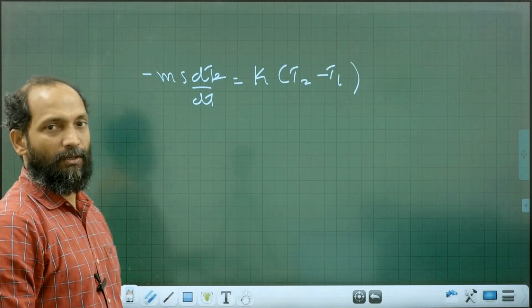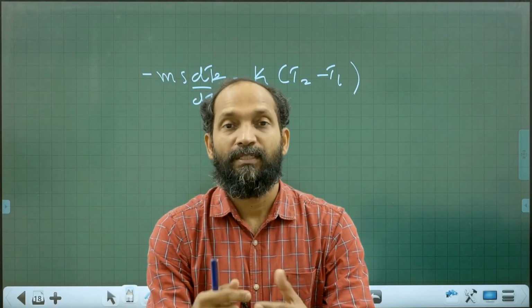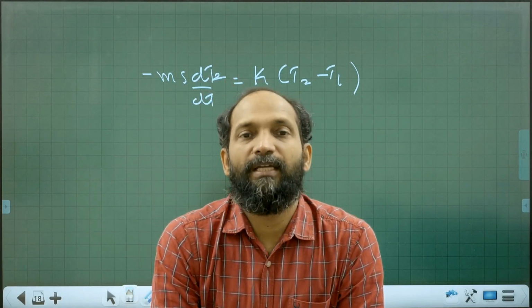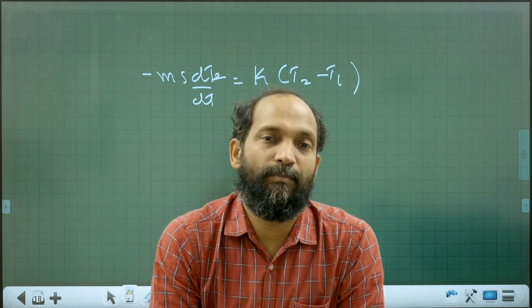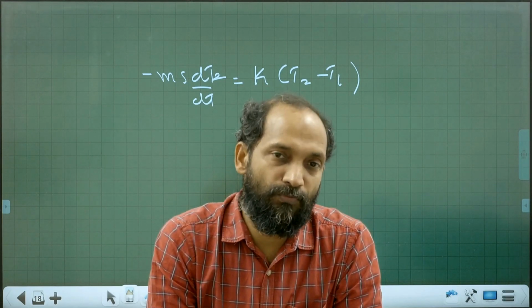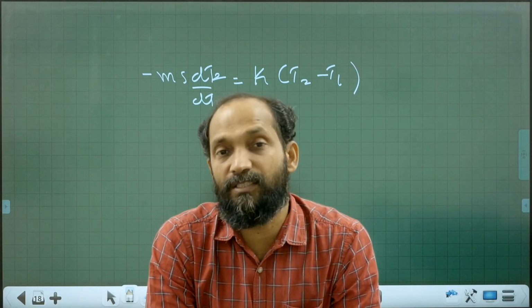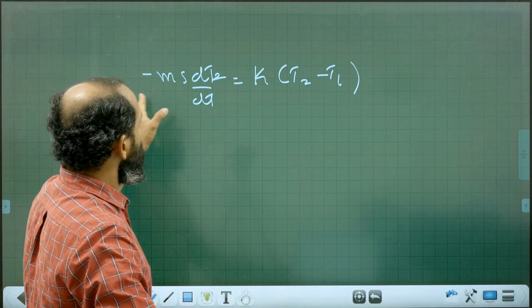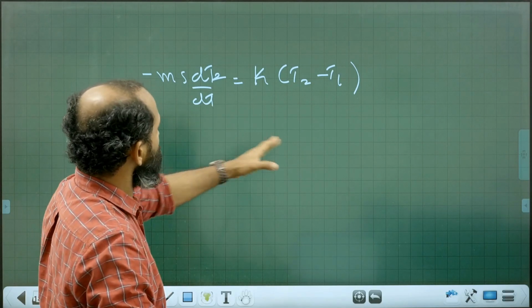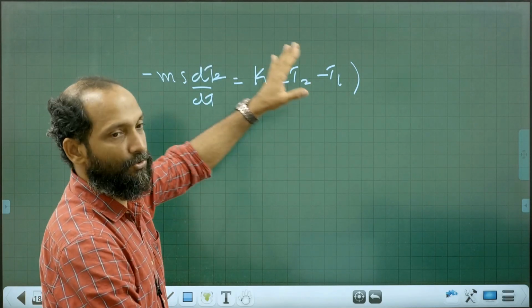For example, a hot body cools from 90 degrees to 80 degrees Celsius in 1 minute. Then the same body cools from 50 to 40 degrees Celsius in what time? Similar questions can be calculated using this equation. So this equation is to be noted.